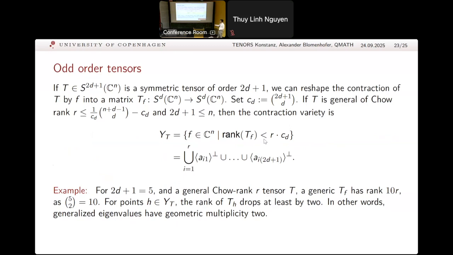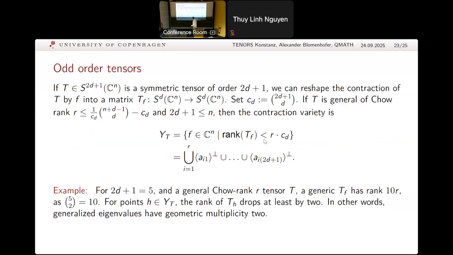For instance, if you just look at an order 5 tensor, then a generic TF will actually have rank 10 times RF. The R is not too big because, well, what happens if you have one of these terms, one of these AI1 to AI 2D plus 1, you contract it, and then you try to flatten it to a matrix.